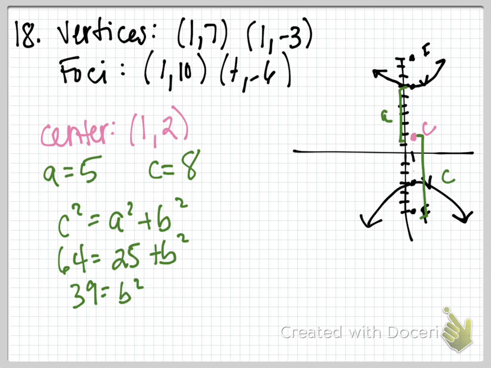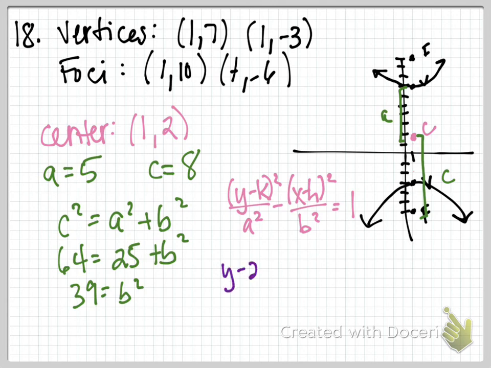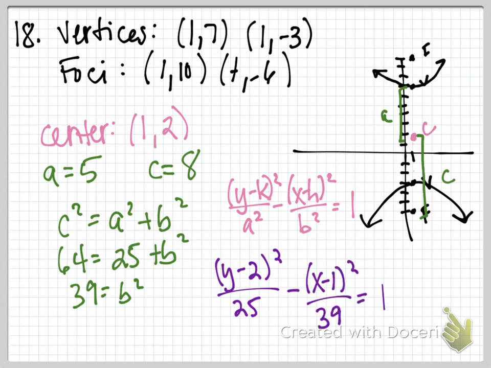All right, so since this is a vertical hyperbola, that means that the y comes first. So I have y minus 2 squared over a squared, so 25, minus x minus 1 squared over b squared, which is 39, equals 1. And there's the equation of my hyperbola.